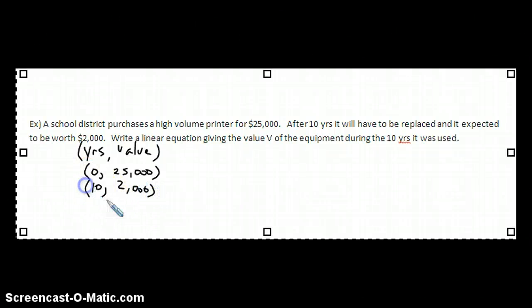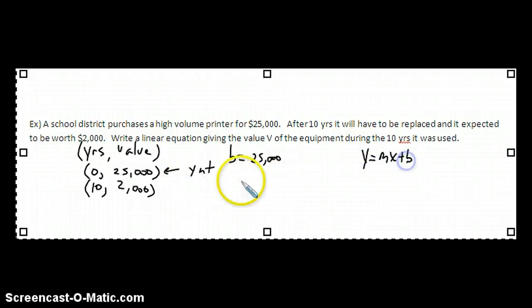So what I can look at now is say that this is my y-intercept, because that's where the x value is 0. So my b is actually really 25,000. All I have to do to be able to write it in this form, my equation for my line, would be to find the m.